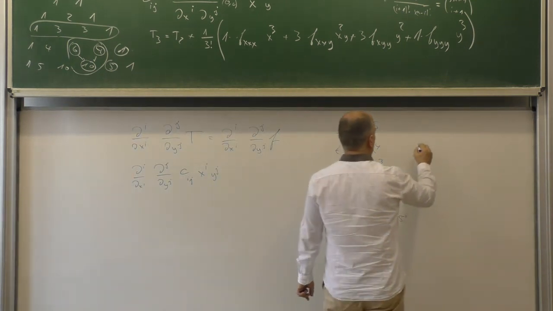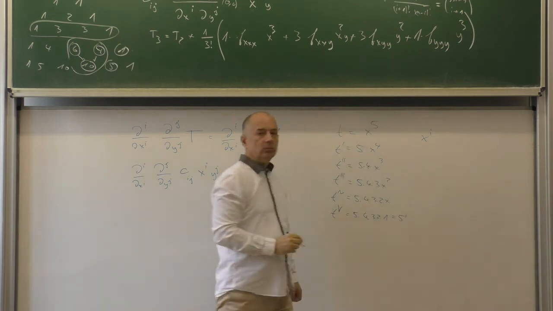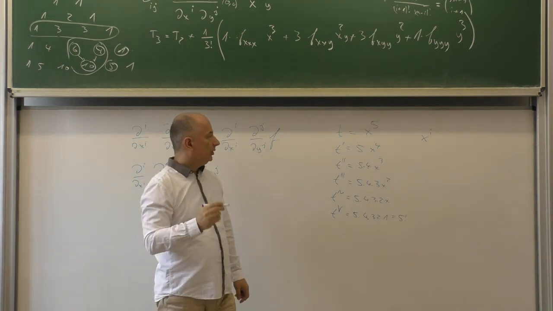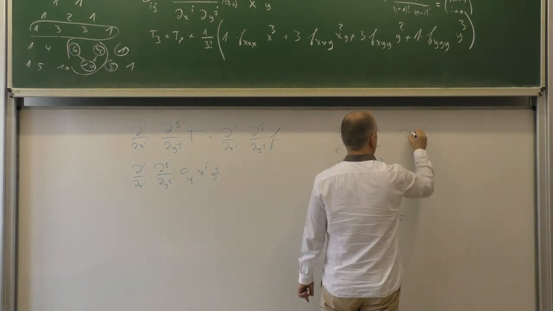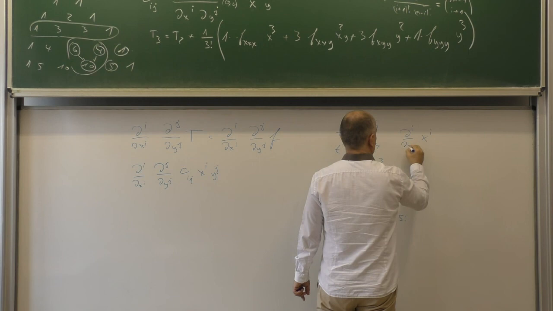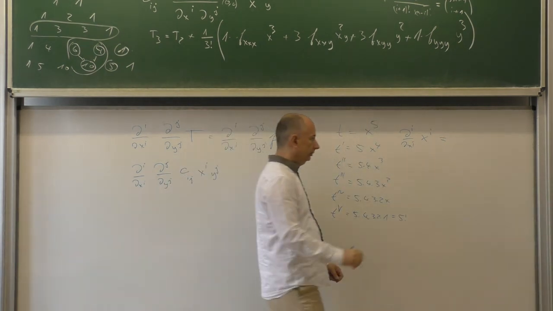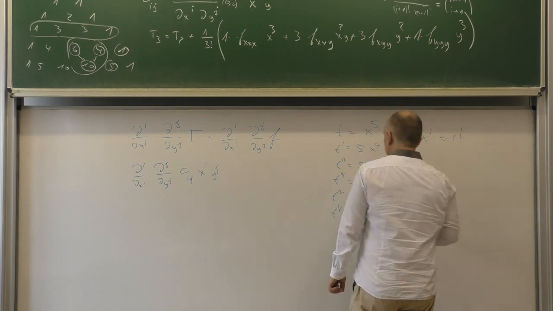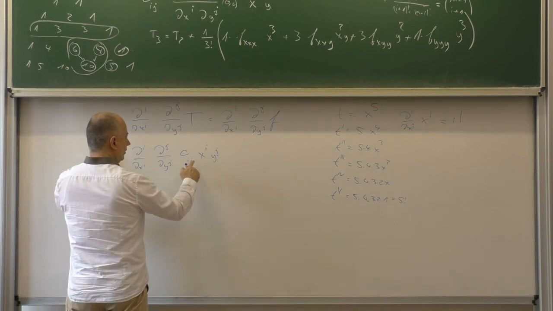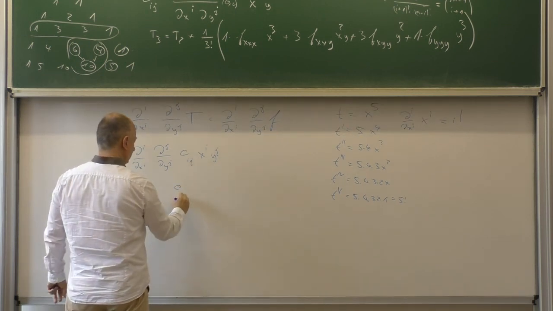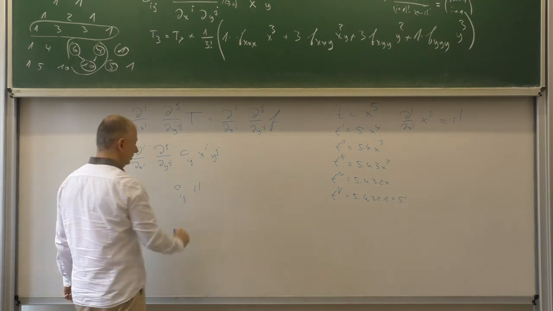So in general, if we have x to i for some positive integer i, and we differentiate i times with respect to x, then we get i factorial.